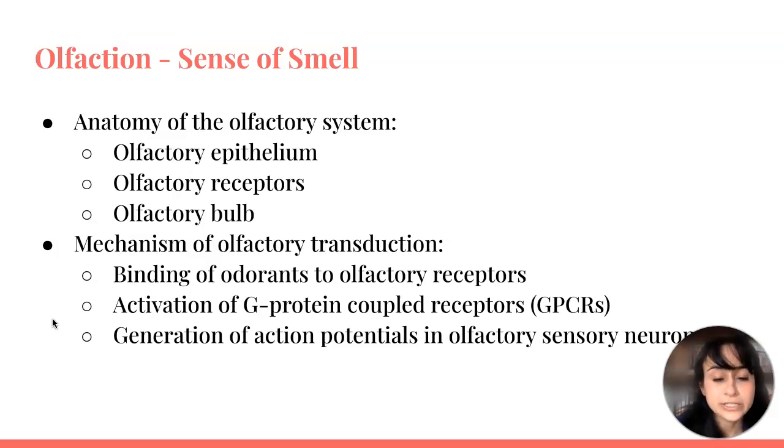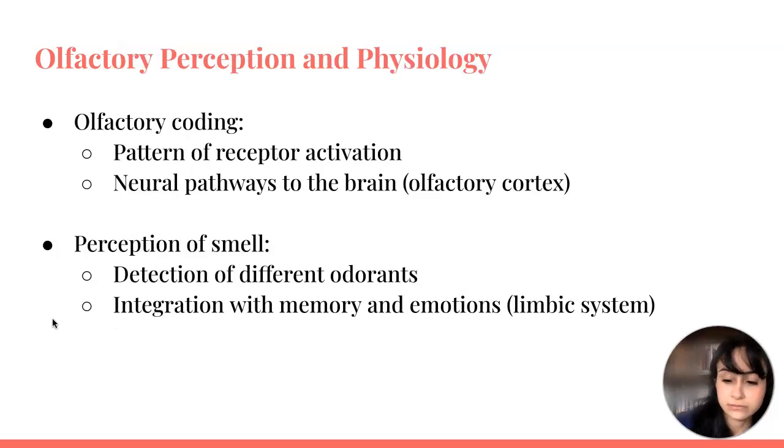The mechanism of olfactory transduction includes the binding of odorants to olfactory receptors, activation of G protein-coupled receptors, and generation of action potentials in the olfactory sensory neurons. Specifically, the pattern of receptor activation is: the odor binds to olfactory receptors located in the olfactory epithelium and the mucous membranes in the nasal passages, which activates the olfactory G protein, which then activates adenylate cyclase.